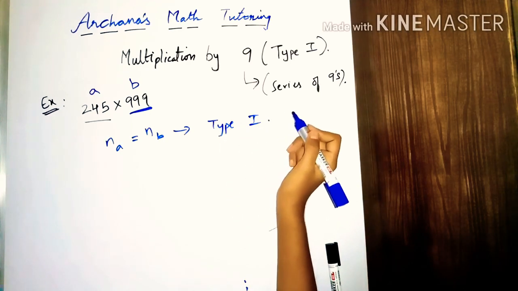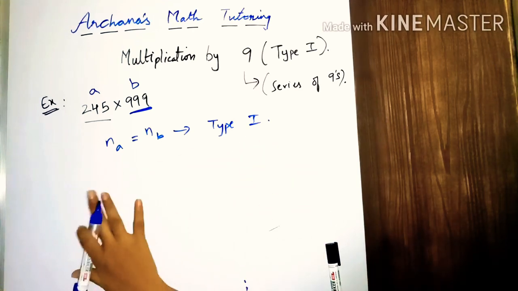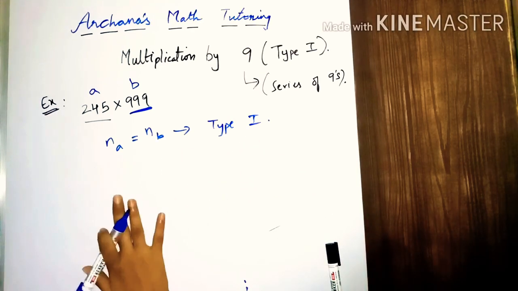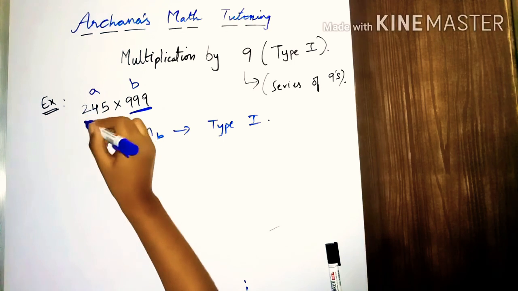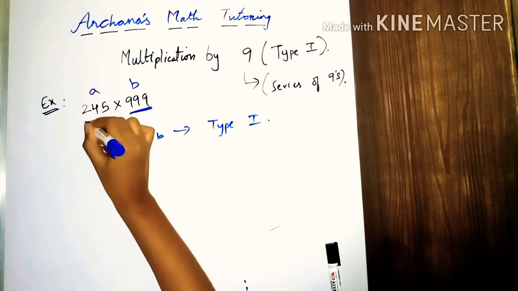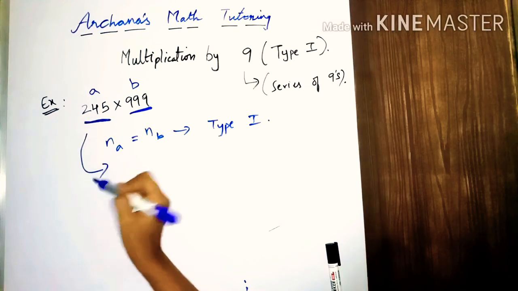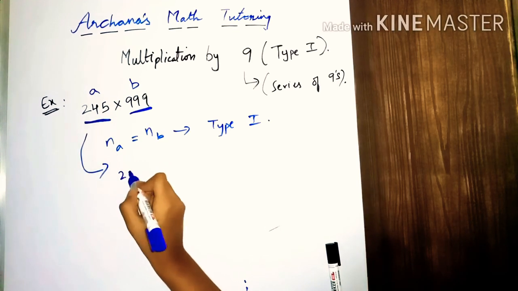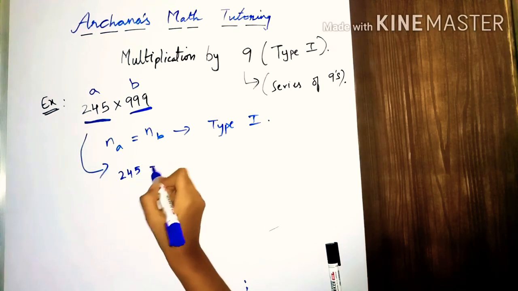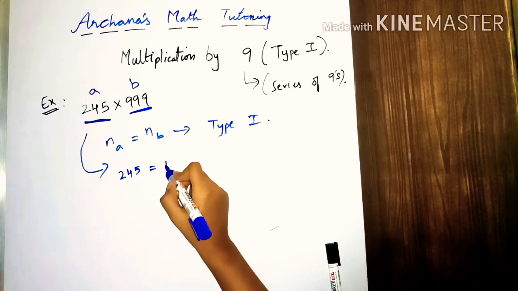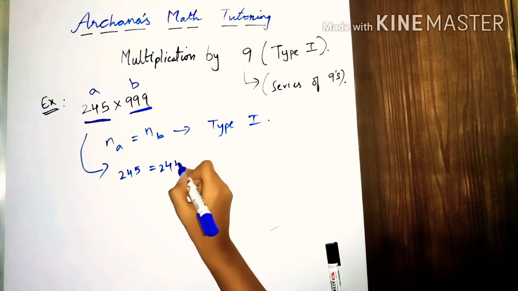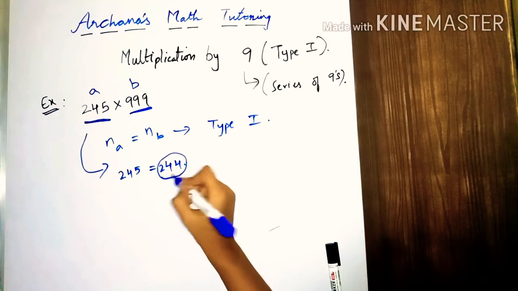Now let's see how to multiply the numbers using this type 1 method. Simply always remember that for the number, whichever you have other than 9s, just subtract 1 from it. So 245 becomes 244 after subtracting 1.